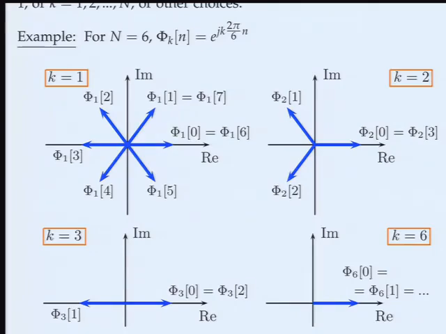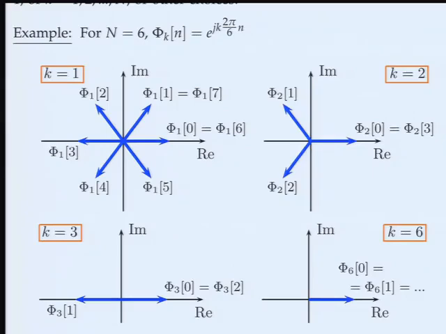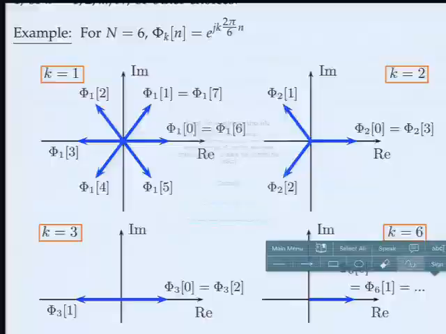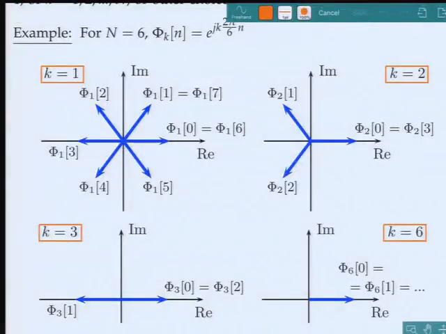So let's look at k equal to 1. What does this function say? It says e to the j 2 pi by 6, which is 60 degrees, times n. So it's complex valued. The complex number has distance 1 from the origin in the complex plane. Its phase is 60 degrees when n is equal to 1, and when n is equal to 2, it's 120. Let me show it here. This is for n equal 1.